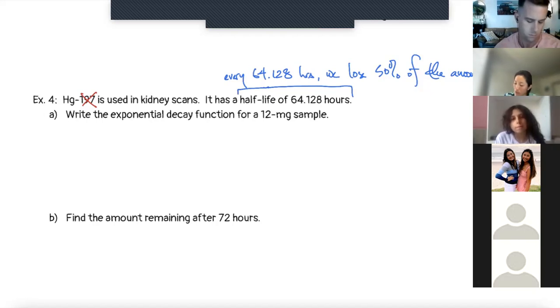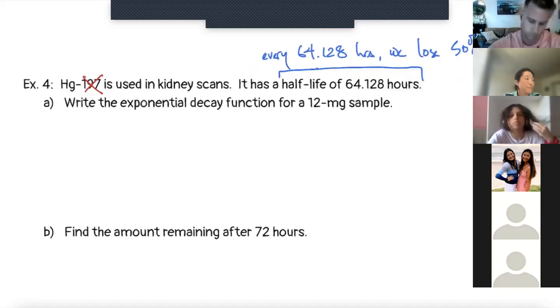Okay, and so using that idea, we're going to think about how we write this exponential decay function. We're losing value. We start with 12, then we have 6, then 3, then 1.5.